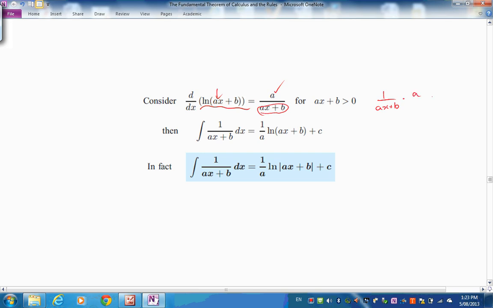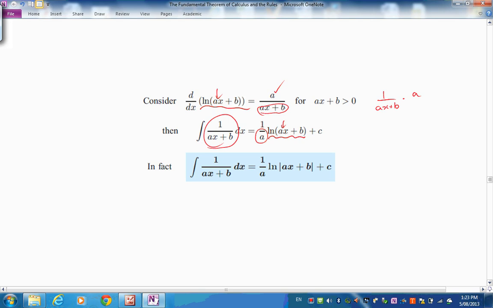So if we're going in reverse, what are we going to do? We spot it's a reciprocal, so it's ln(ax + b), but we divide by the derivative. So with this process of integration, we're dividing by the derivative of that second function, not timesing by it, because we're reversing that rule of differentiation.